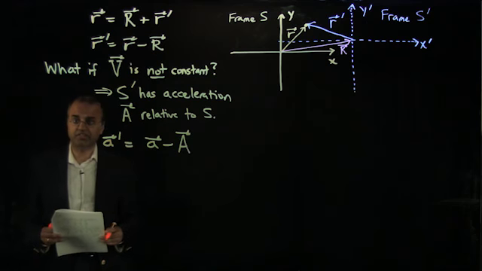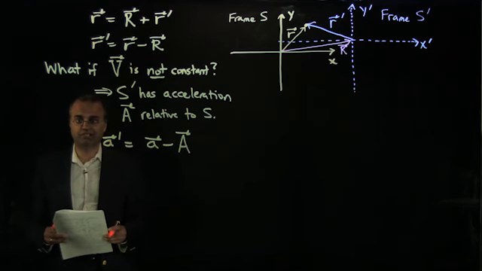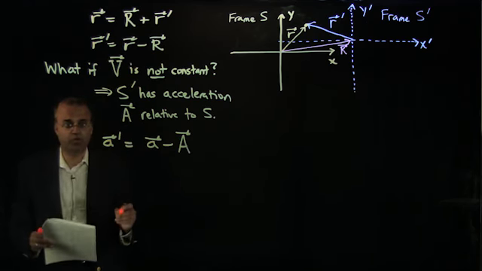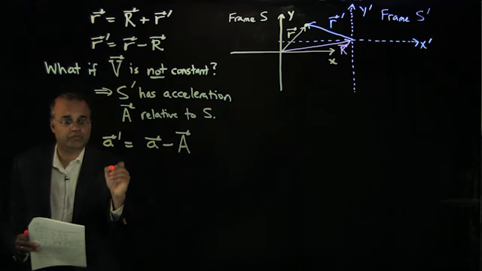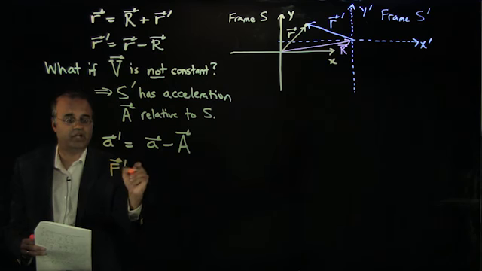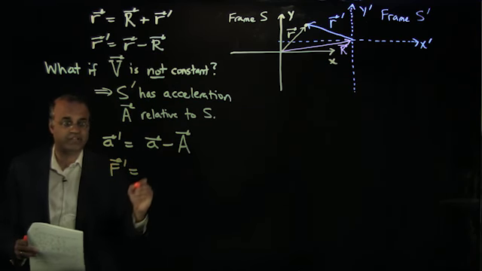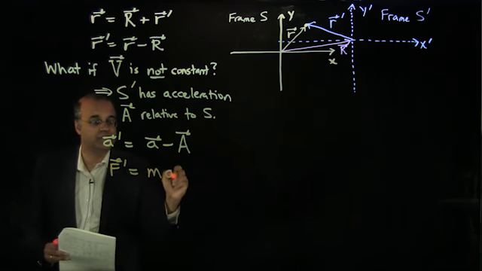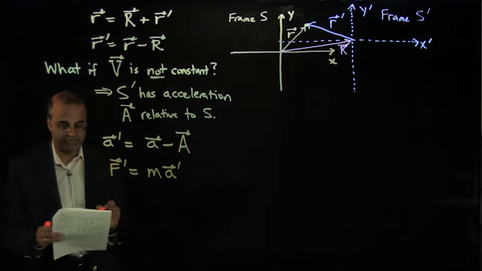Now what that tells us is that Newton's laws are going to look a little different. And let's see how that works. So now the force measured in frame S prime, I'll call that F prime, we expect from Newton's second law to be the mass times the acceleration A prime.